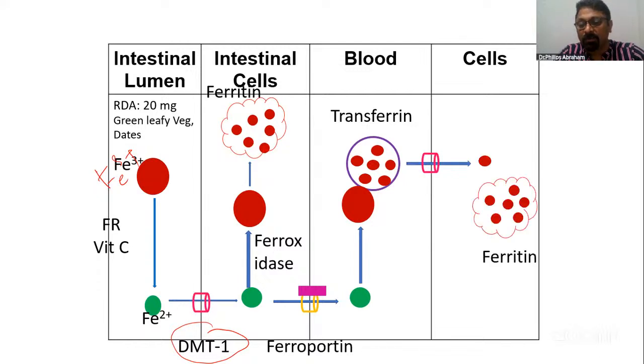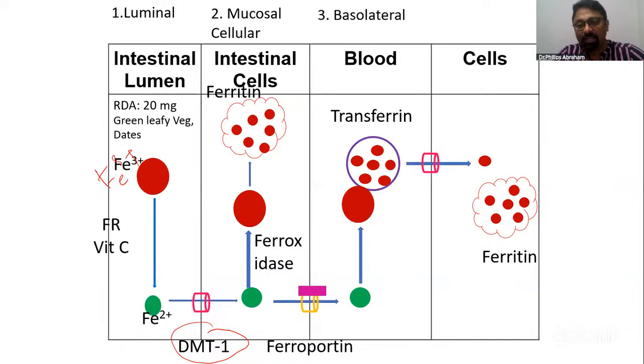So another word, ferritin, transferrin, then it binds to some receptors and is taken up, stored in the cells as ferritin. Now the point: how is the process controlled? From the liver, a peptide is produced, hepcidin. When the iron content is more, this hepcidin will be produced.